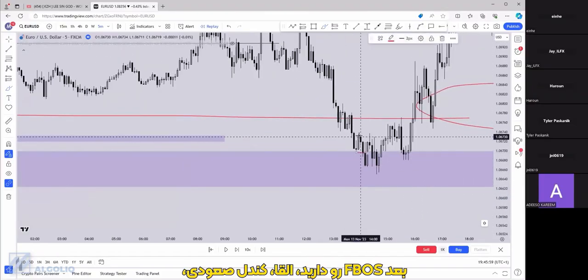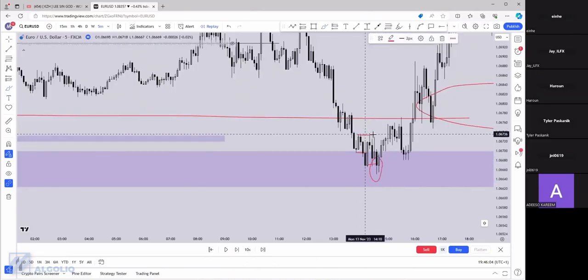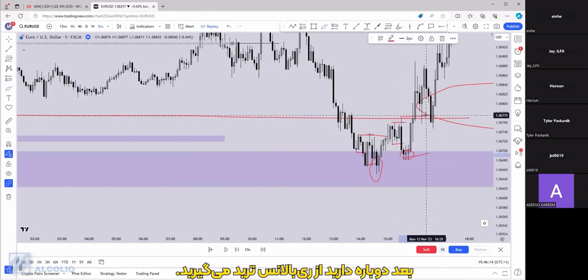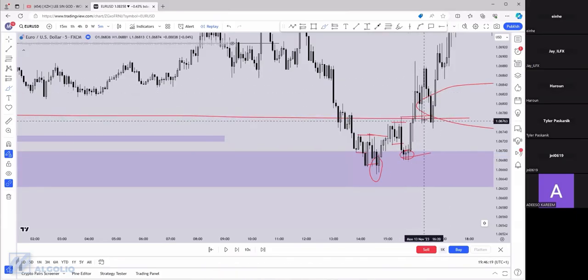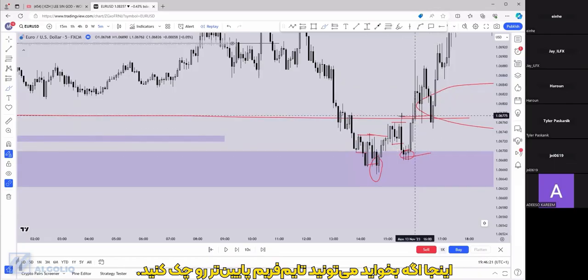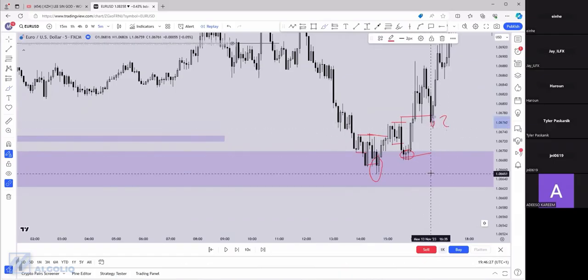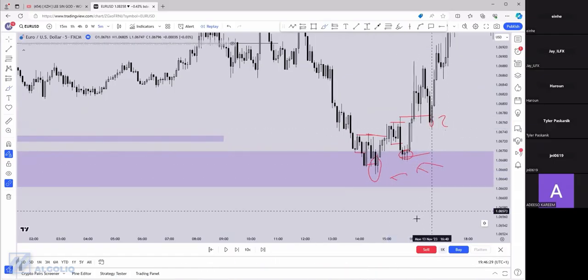Then you have FBOS, inducement, bullish candle, key BOS, break, high, inducement, break of structure buy, MSU POI, and then we are trading off a rebalance again, so you will need some liquidity. Here you can check even lower time frame if you want to, but this last buy is questionable, right? But these two you should get for sure.